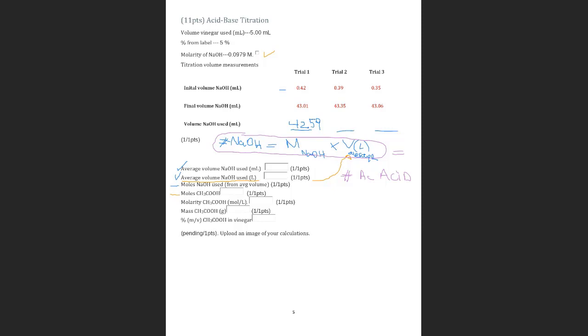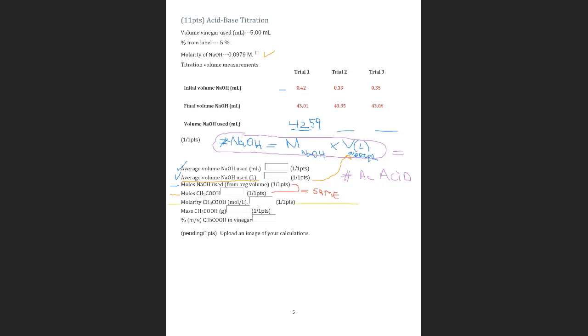So the numbers that we are going to have here and here are the same. Any questions so far? Okay, we know that the reaction, when we saw the equation, is 1 mole of sodium hydroxide reacts with 1 mole of acetic acid.